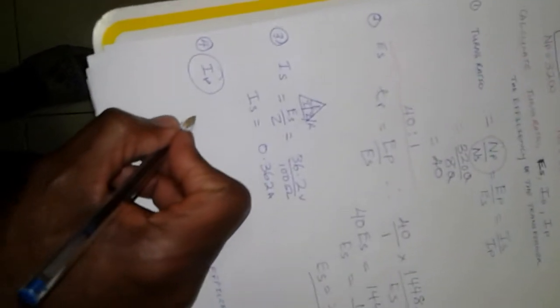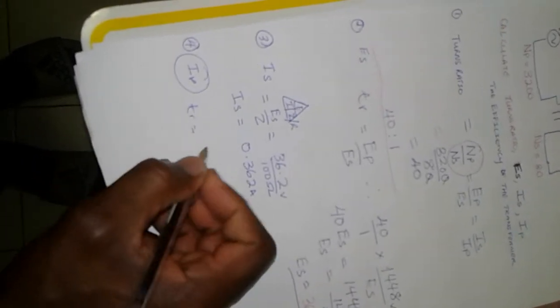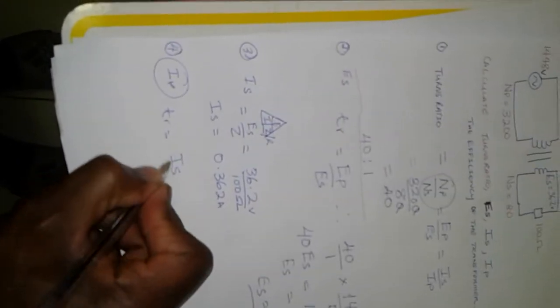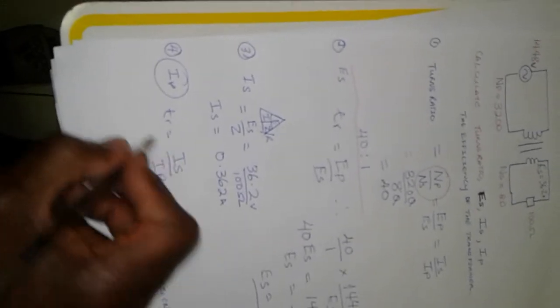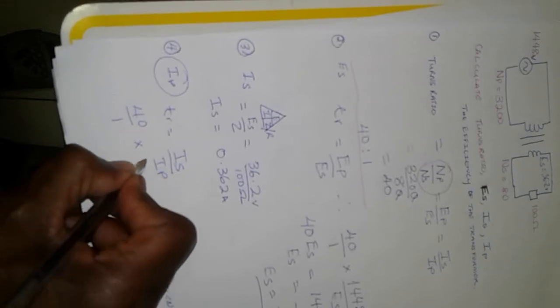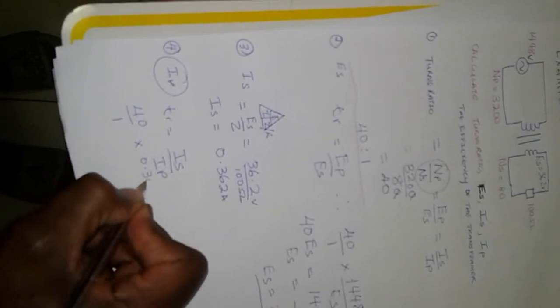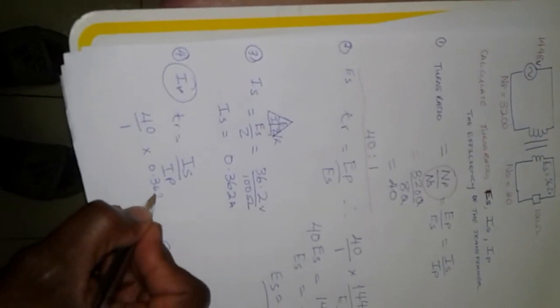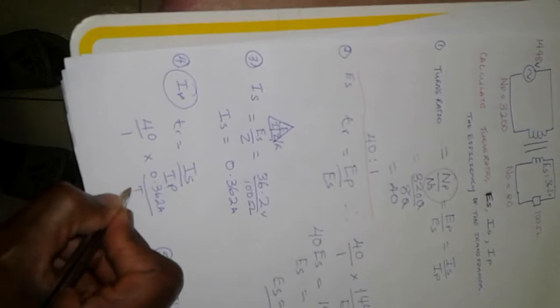Okay, simple. So having found IS, we can now use turns ratio to find IP. So turns ratio is equal to IS over IP. Therefore, 40 over 1 equals IS, which we know is 0.362, all over IP.